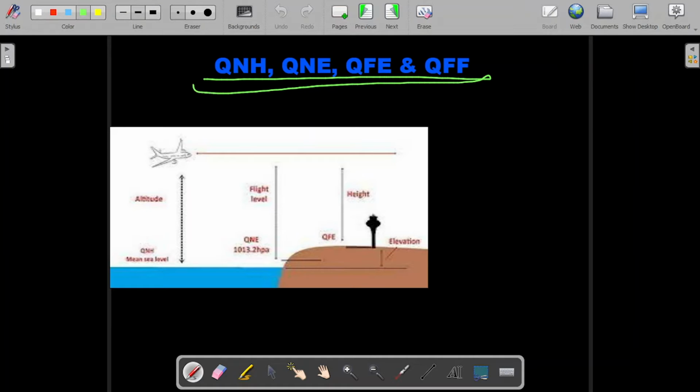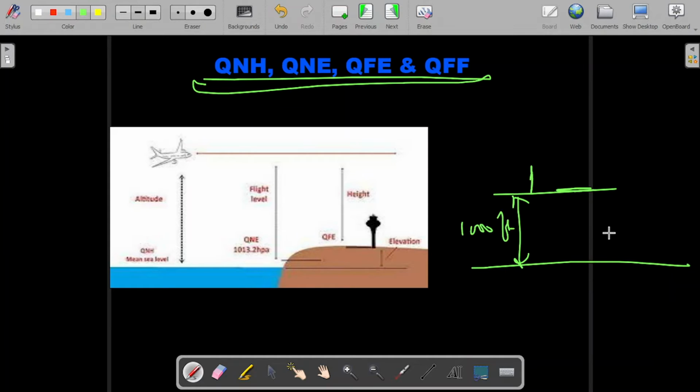What are these terminologies? Let's say the tower or the airfield is at 1000 feet above the mean sea level. Let's say this is the sea and this is mean sea level, this is 1000 feet, and one aircraft is there at 2000 feet from mean sea level.